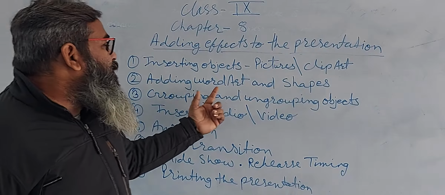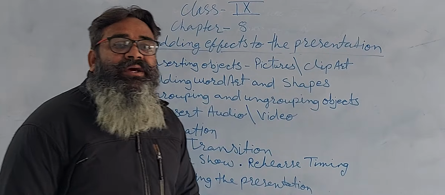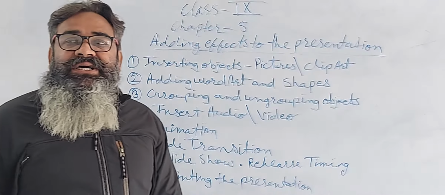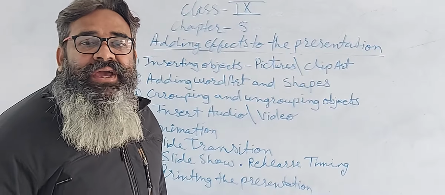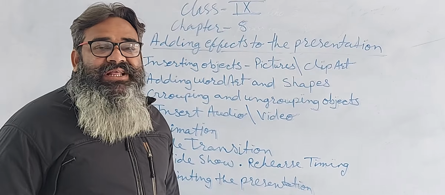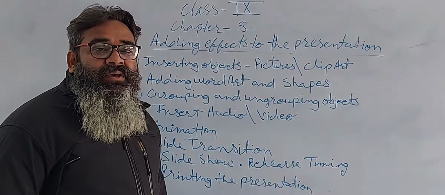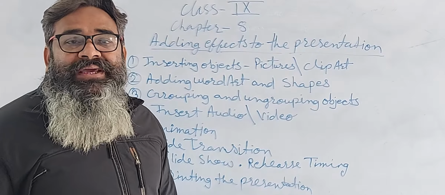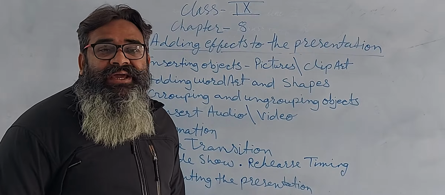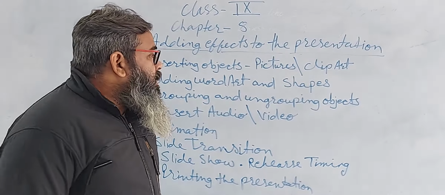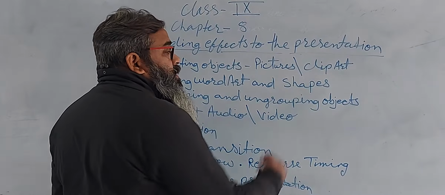Then, moving on, adding word art and shapes. We know that word art is a style of writing, a kind of stylish text. We can put some heading using the word art gallery, as well as a shape.